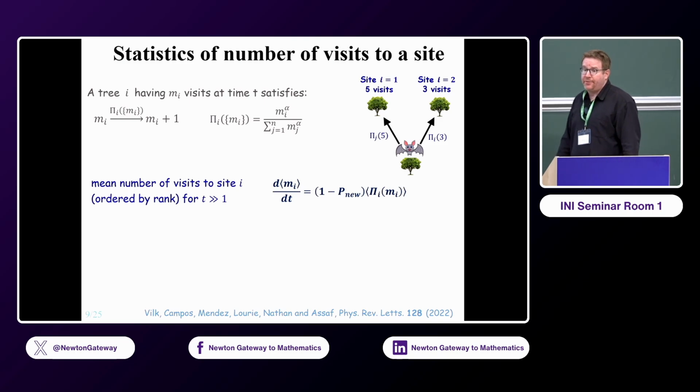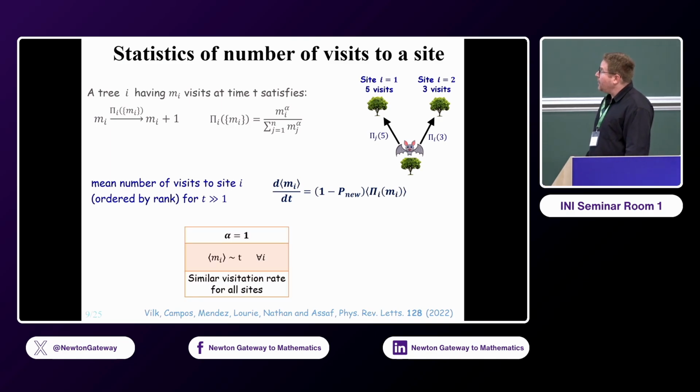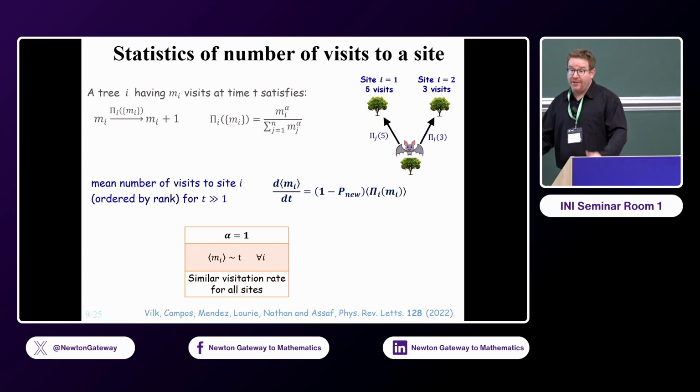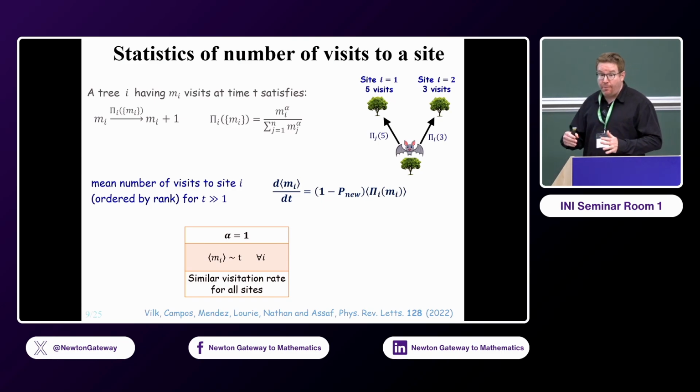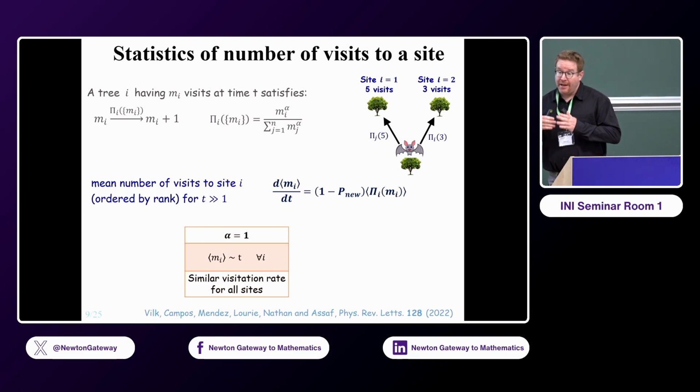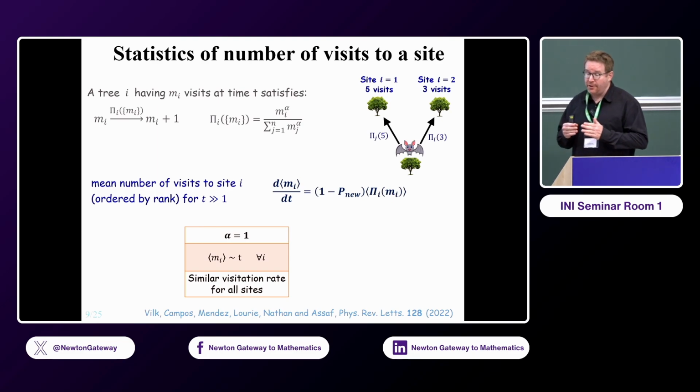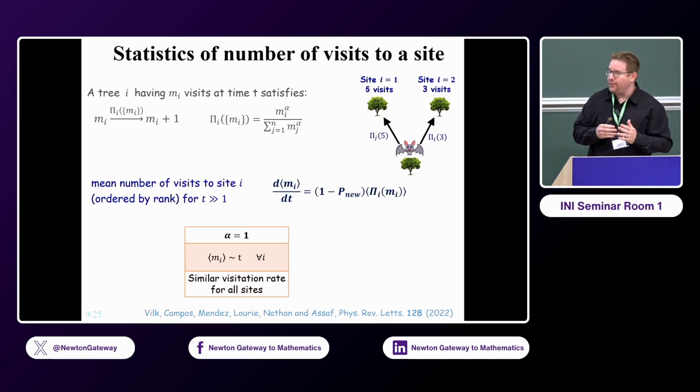It turns out that the asymptotic solution has very interesting behavior as a function of alpha. For alpha equals 1, it turns out that all trees get asymptotically the same visitation frequency, at least in the leading order. The amplitude is different. The amplitude is proportional to 1 over the time this tree was first visited. So, of course, the tree that was last visited has a much smaller amplitude.